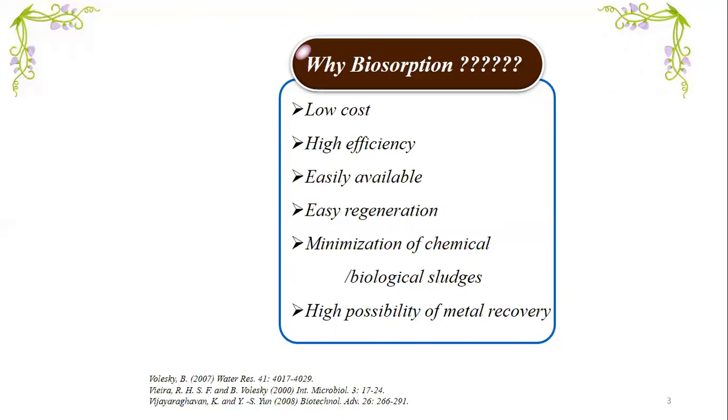That's impossible. But if we compare it with the biosorption process, then it's quite easy and convenient that we can easily degrade all these biological compounds, like if there is a plant or any animal portion like bone, charcoal, or these different things that will be used. And the last one, they have high possibility of metal recovery.